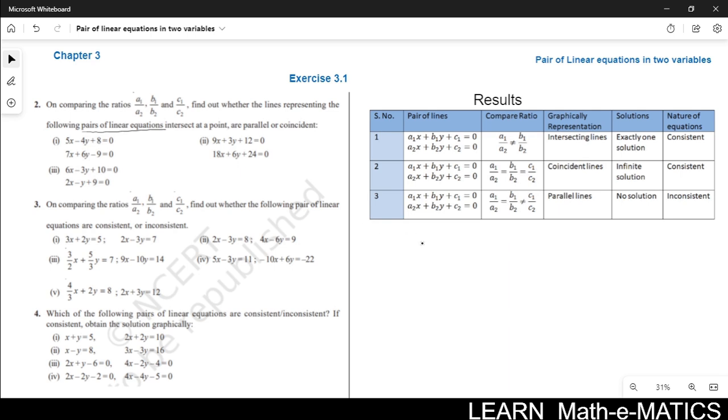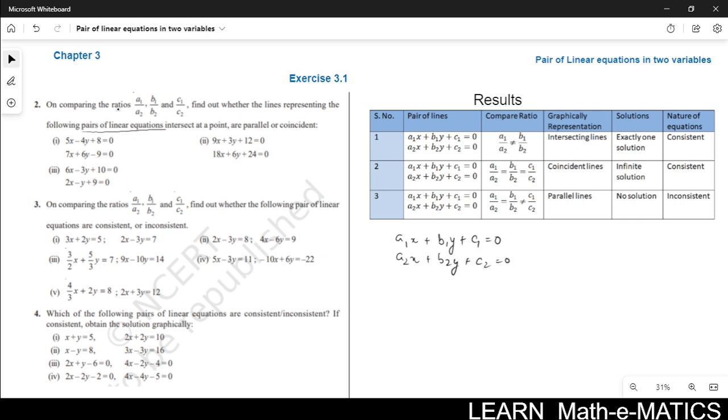Pair of linear equation की एक जनरल रिप्रेजेंटेशन देख लेते हैं. वो क्या होती है? a1 x plus b1 y plus c1 is equal to 0. This is the first linear equation, right? Second is a2x plus b2y plus c2 is equal to 0.